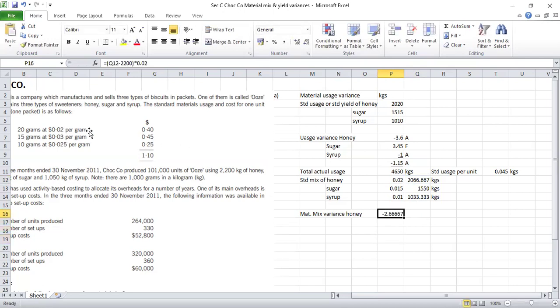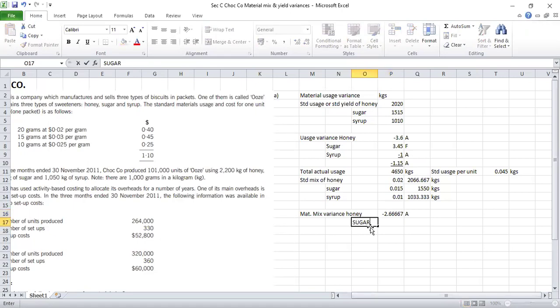Now we have kgs, that's why we will convert this price into per kg rather than gram, or we can use right now for the time being 0.267 adverse. Why? Because standard mix is 2067, we should use 2067, but we are consuming 2200, that's why we have adverse.